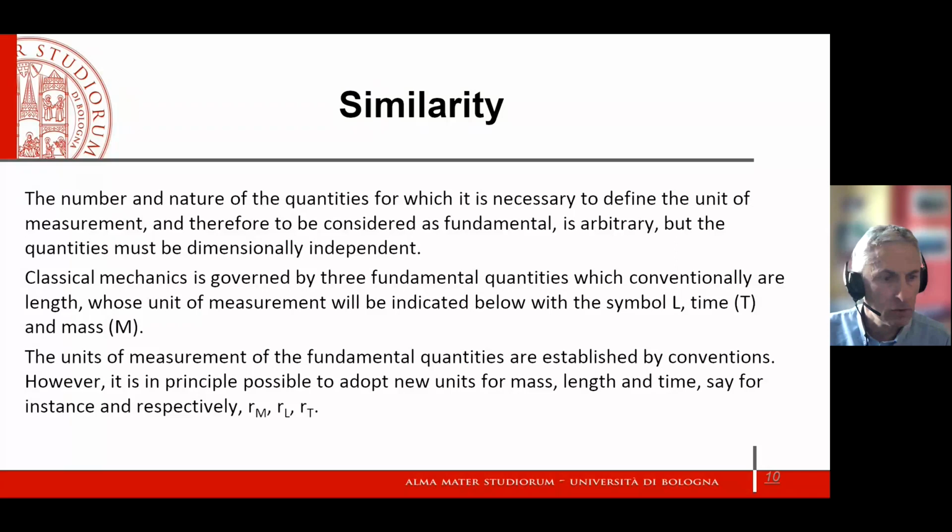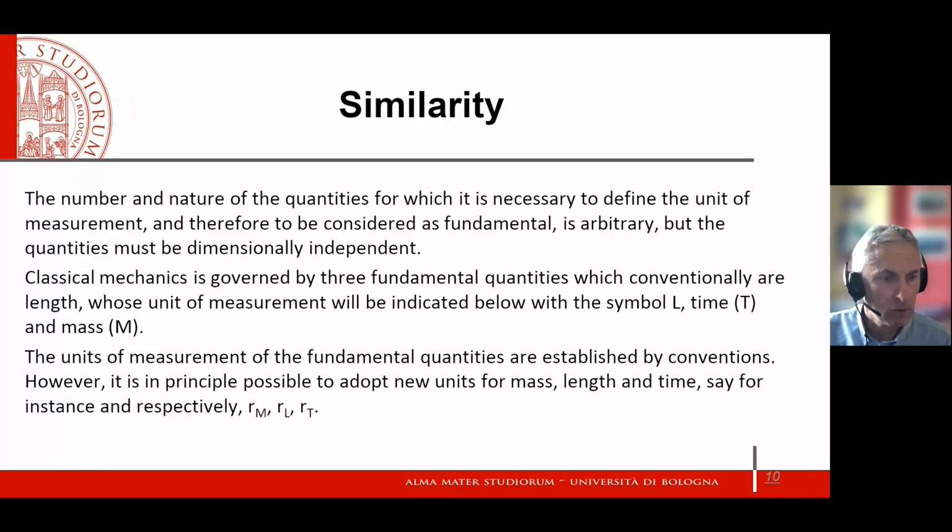The units of these quantities are established by conventions, but we can decide to change the units. Usually in the international system, length is measured in meters, mass is measured in kilograms, and time is measured in seconds.